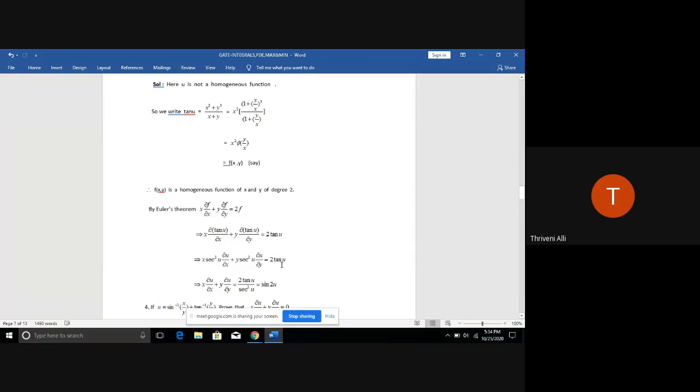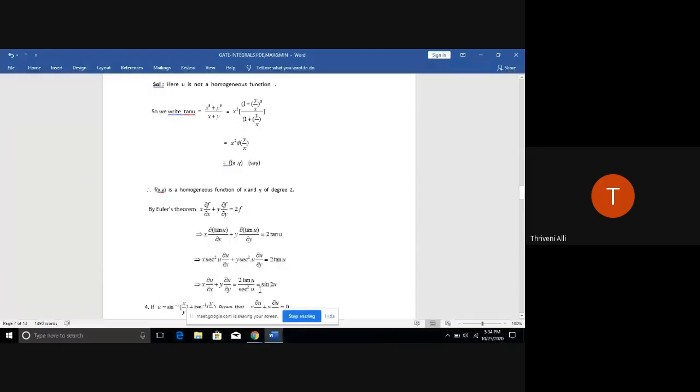Next, taking sec² u to the right side denominator, we get 2 tan u by sec² u. So tan is sin by cos and sec² is 1 by cos². By simplifying, we get sin 2u.